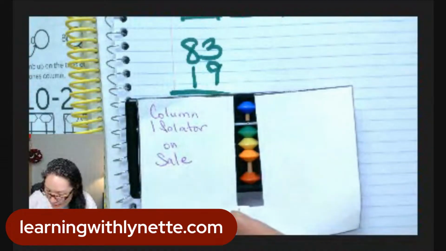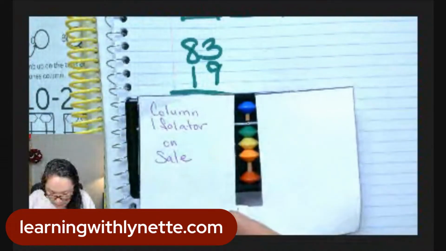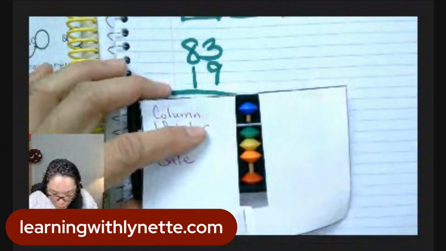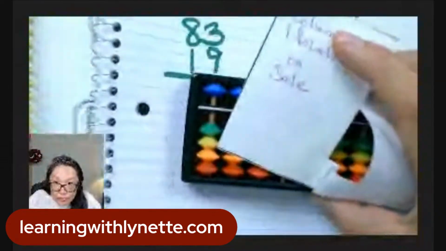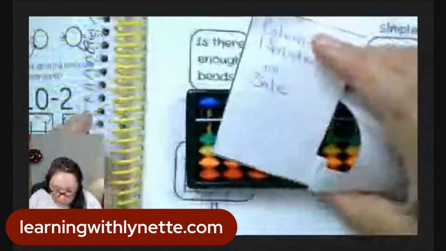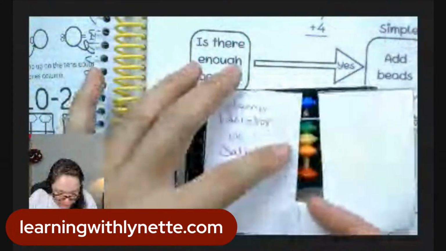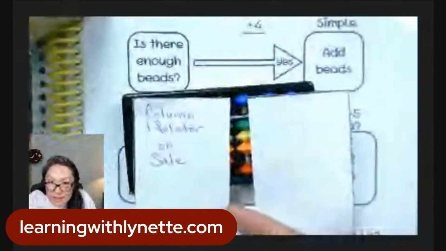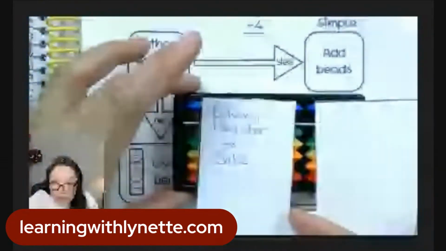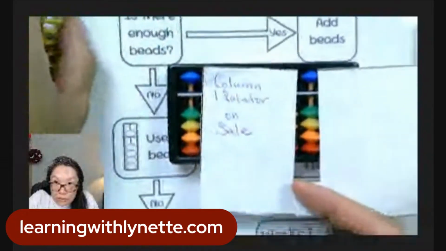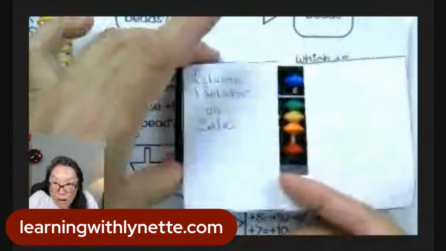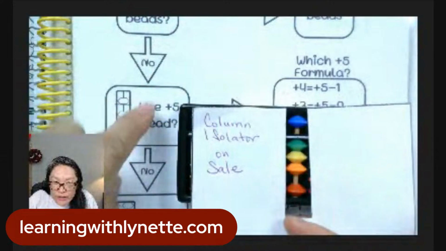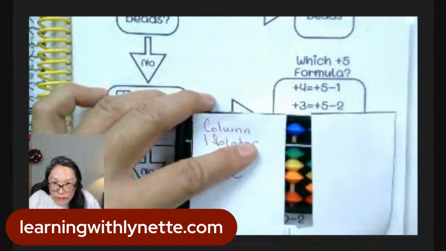Can I plus the 9? No, I cannot. What do I do? I need to plus the 9. Are there enough beads to plus the 9? Yes or no? No. Can I use the 5? No, I can't use the 5.